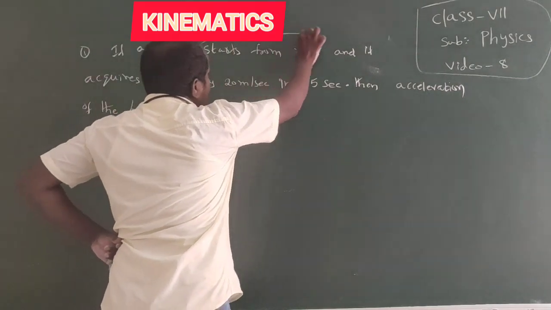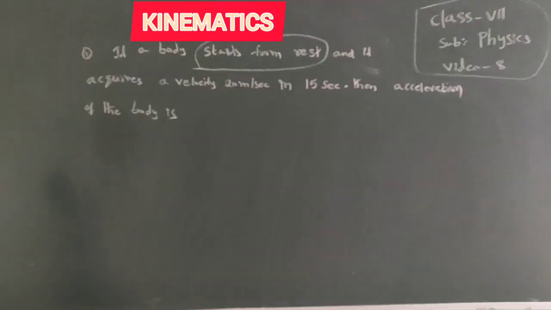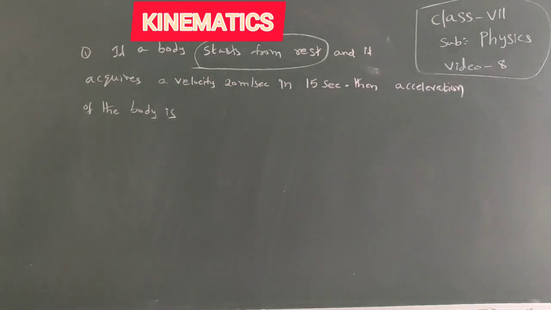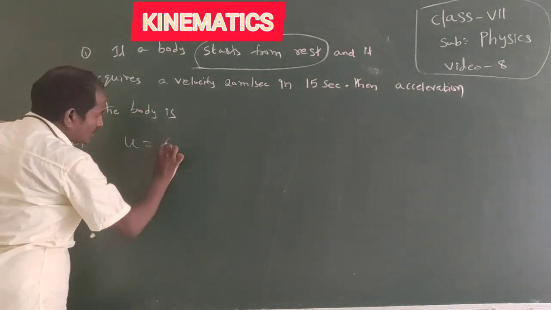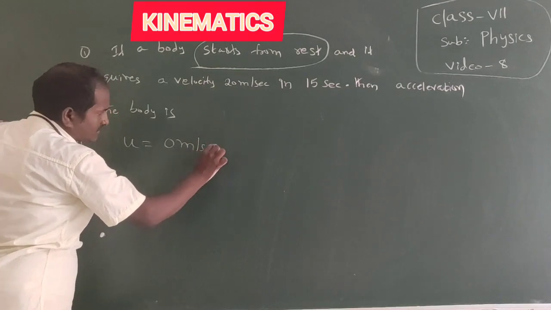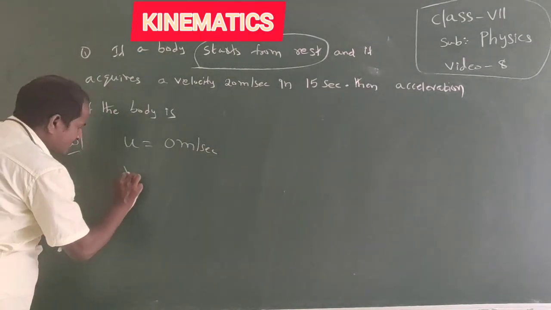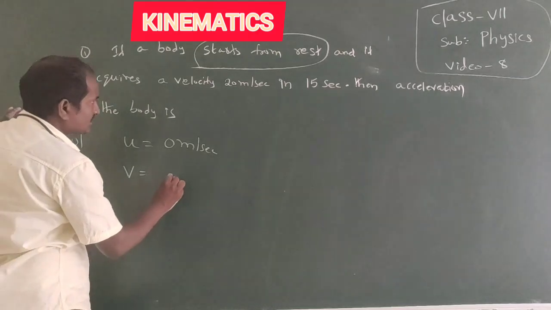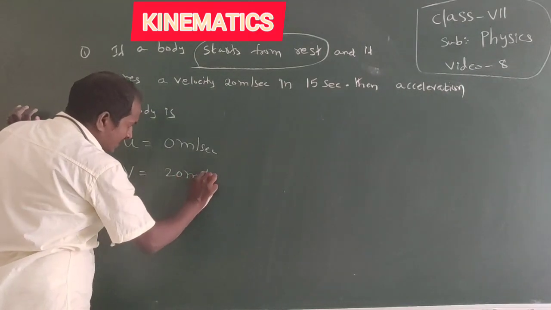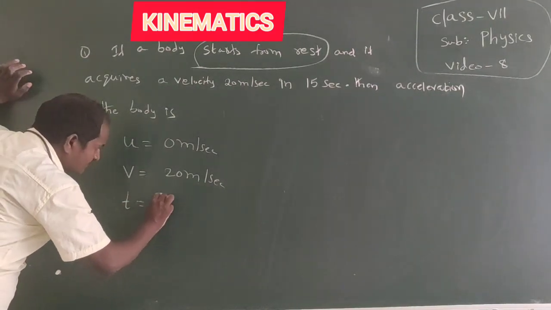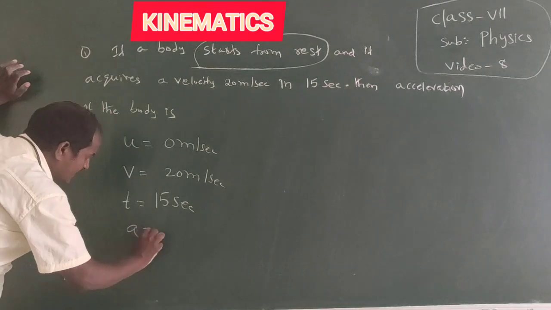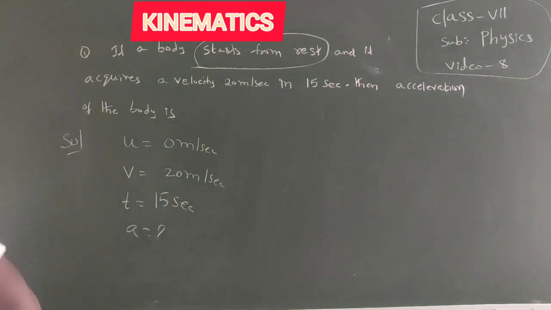If a body starts from rest, means initial velocity u equal to 0 meter per second, and it acquires a velocity means final velocity, that is 20 meter per second, and the time is given, that is 15 seconds. Then find the acceleration.